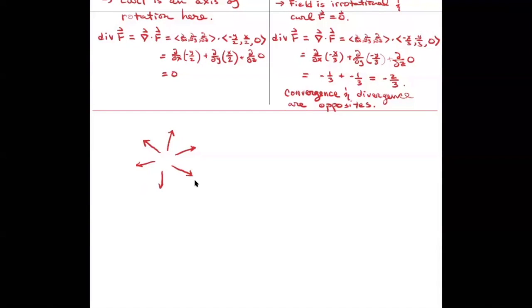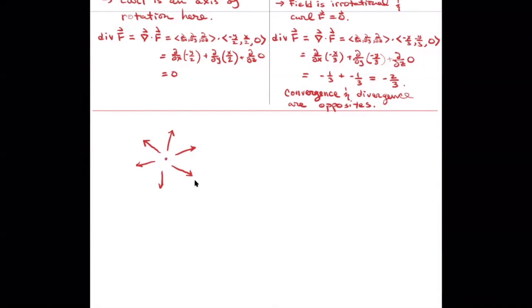You'll see divergence and curl in Maxwell's equations, which are the field equations for electric and magnetic fields. So the curl and divergence of those fields are super important. We'll talk about that in a bit.